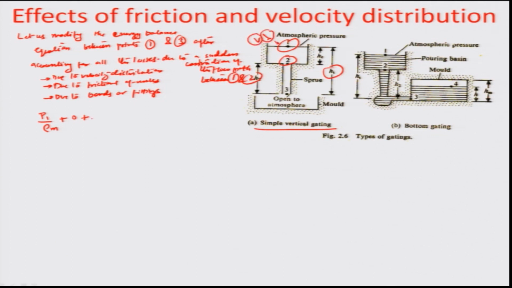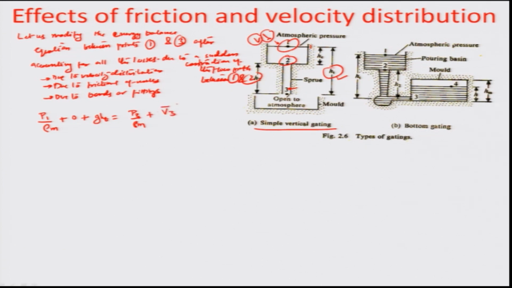The metal is too large a quantity for any substantial change in the height to happen at this juncture, plus the potential head which is g HT, HT being the height of the top of the pouring basin from the mold. Okay. So, that becomes equal to P3 by rho m, P3 being the pressure at the juncture 3 right here, plus the kinetic loss which happens because of velocity distribution effect.